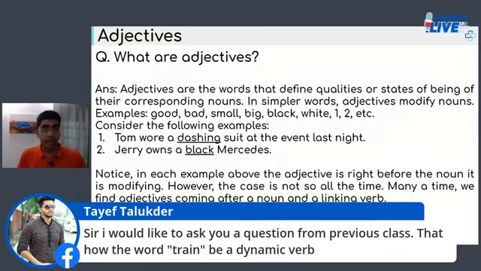Or you could be training in a gym to make yourself fit, right? So there is action involved when you train, correct? So since there is action involved in training, that is why we consider train as a dynamic verb and not a static verb. I hope your query is answered.